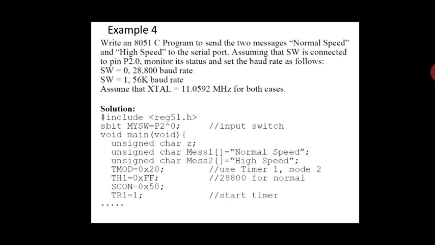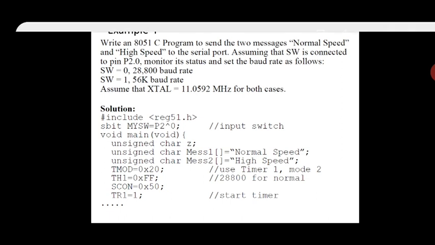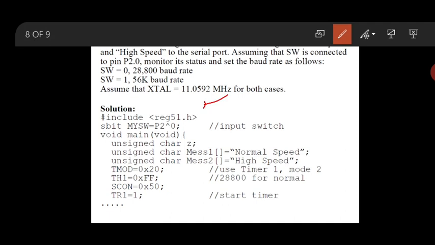Now the very first instruction, we need to include the register file. Now there is something very interesting here. I'm using port 2 as mentioned in the program. If I want to access a single bit of port 2, we have to use sbit. sbit is a data type and MSW is a variable name. You can give any variable name. Which port are we using? Port 2.